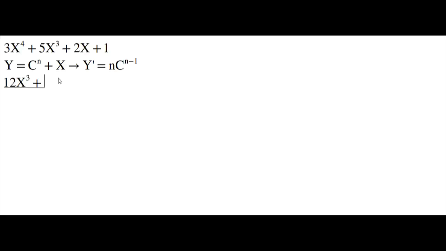Plus 5 times 3, that's 15x. 3 minus 1 would be to the power of 2. Plus 2 times 1, that's 2, and 1 minus 1 is 0, so you're left with 2. And that's pretty much it.